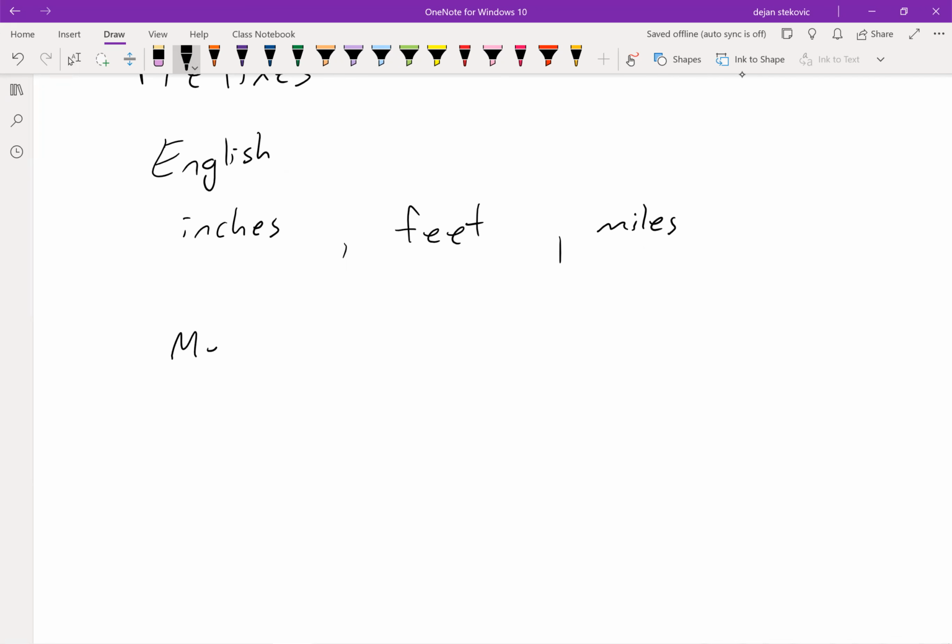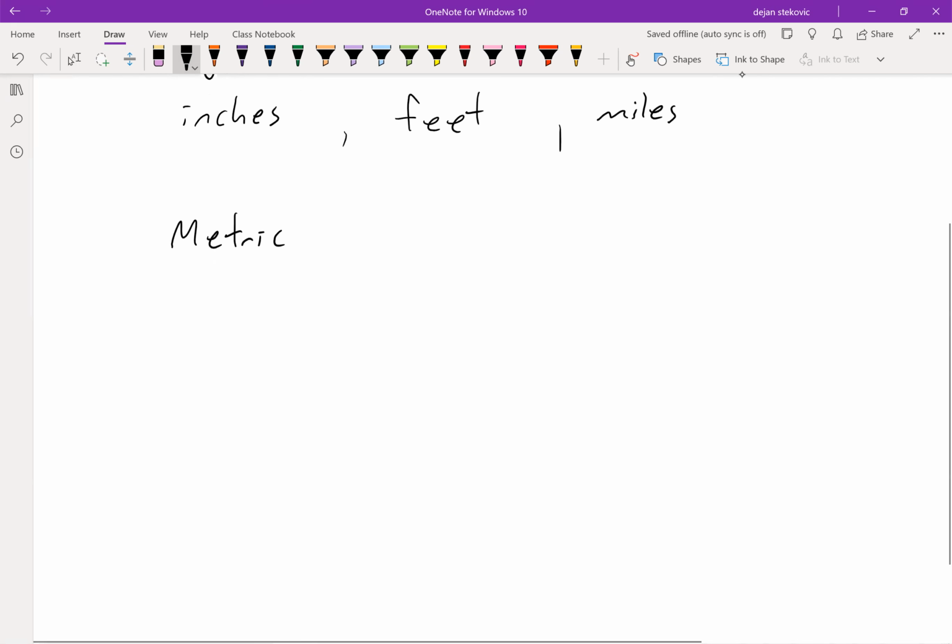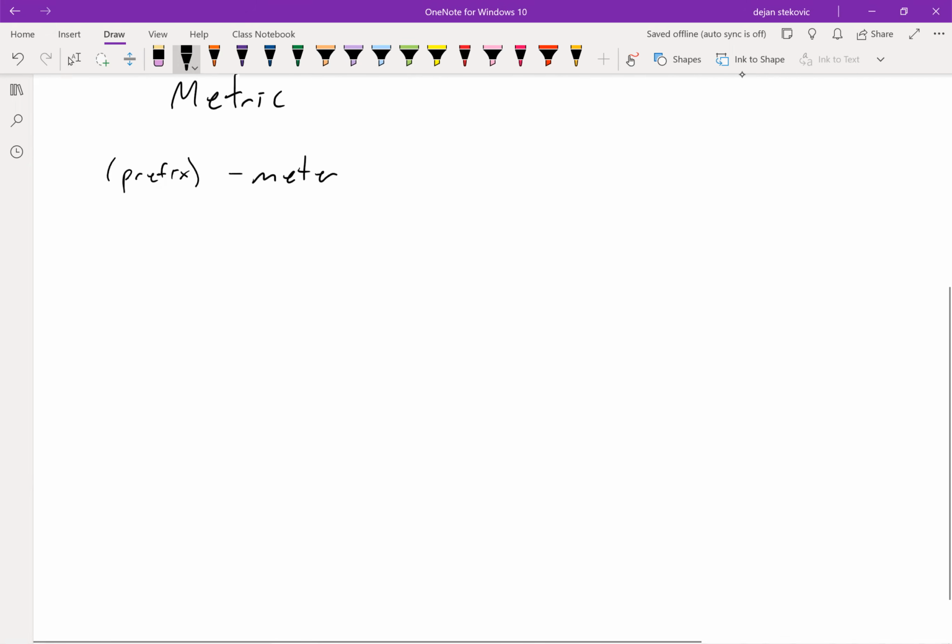Whereas in the metric system, we only have one way to measure distance, and that's the meter. But we can still talk about really small lengths and really large lengths by just attaching a prefix to it. There are a lot of prefixes.